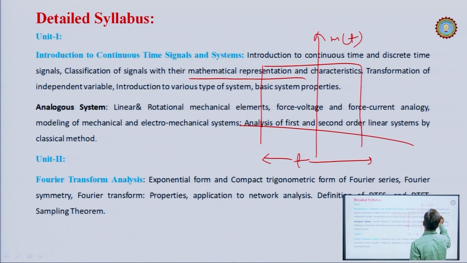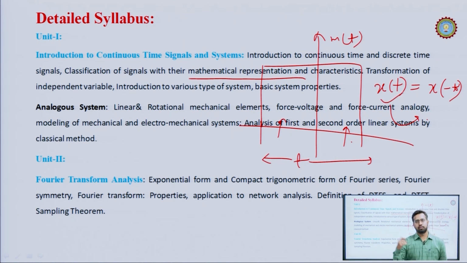We will simply write x(t) is equal to x(-t). This is the mathematical representation: whatever the signal is at positive time, the signal is the same for minus t. So, this is the representation of this graph in mathematical form, and the earlier one is the representation in graphical form.